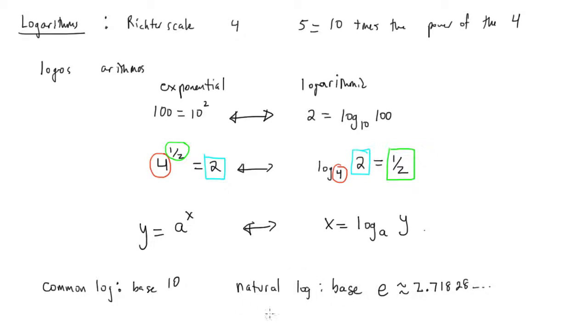Both of them get a special notation. If you see the logarithm without a base explicitly written, then you're to assume that it's base 10. That can be different in some textbooks, but for us, a logarithm that doesn't have any base explicitly mentioned, you should assume is log base 10. And then the natural logarithm, typically we write that as ln instead of log base e, but they're the same thing.